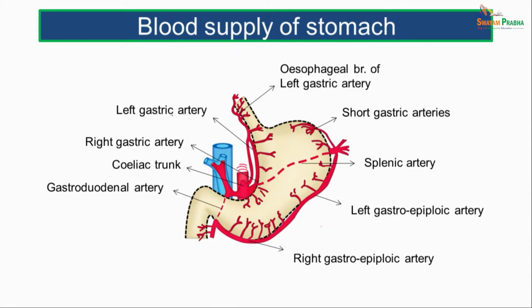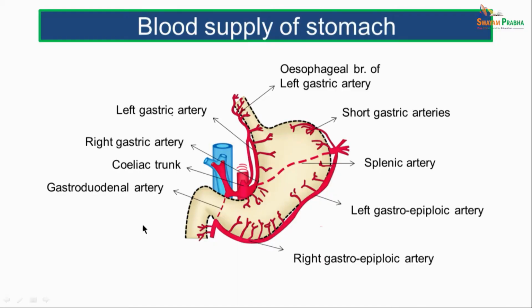The arterial supply of the stomach is provided by 5 main arteries: the right gastric artery, the left gastric artery, 4 to 5 short gastric arteries, the right gastroepiploic artery and the left gastroepiploic artery. Let us see now how these arteries originate.